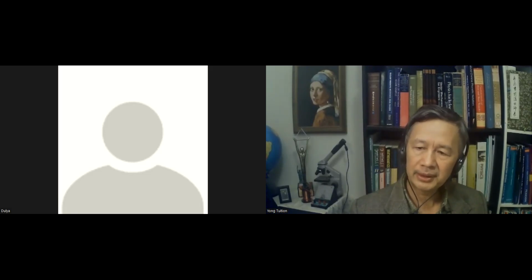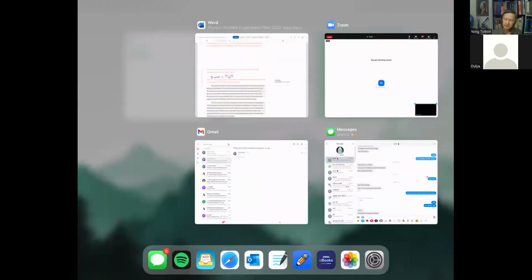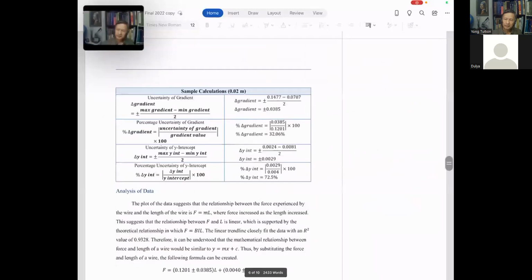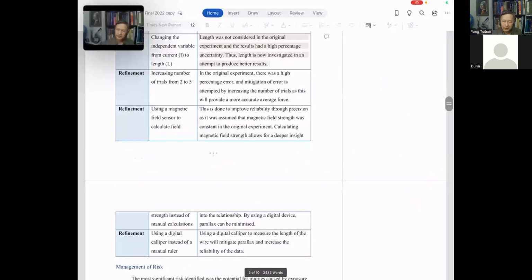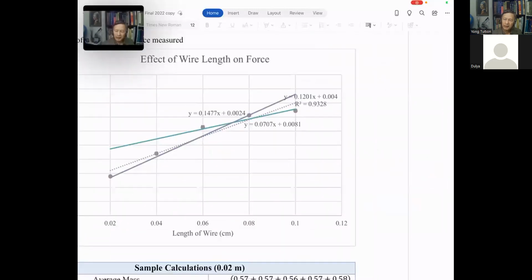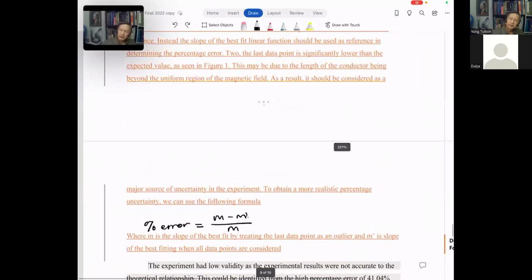You can share your screen. So where's your report? Okay, scroll up, go up. Yes. Okay, it's the diagram. Yeah, please stay with the diagram. Can you see the fit?